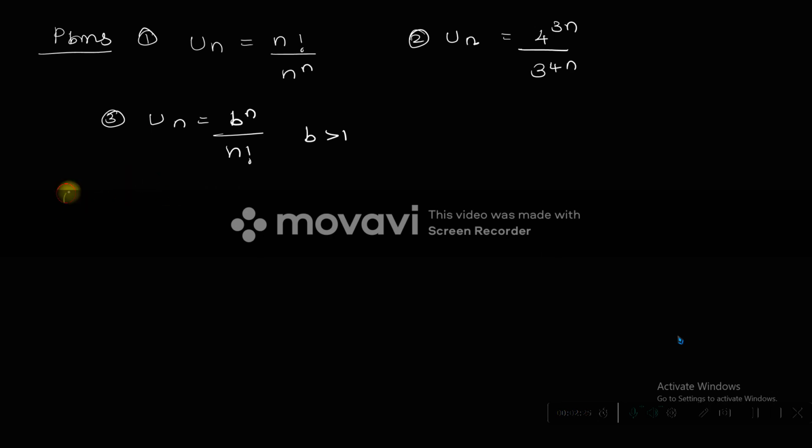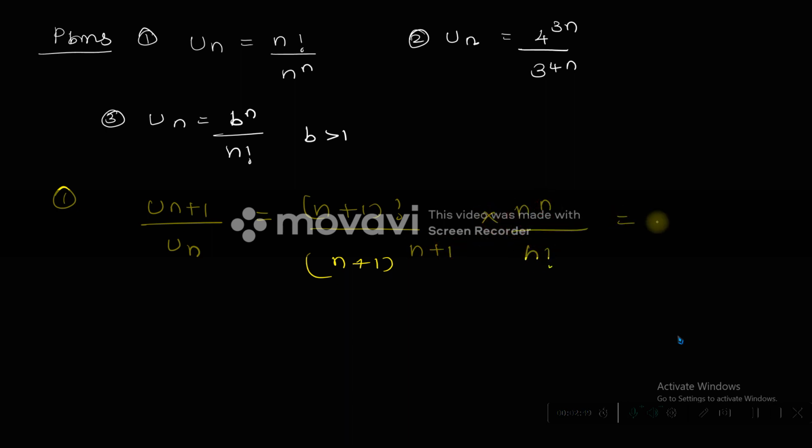The first example is u_n equal to n factorial by n to the power n. First let me try the ratio test. To use the ratio test, I need to find u_(n+1) upon u_n. This is (n+1) factorial over (n+1) to the power (n+1), into n to the power n by n factorial.